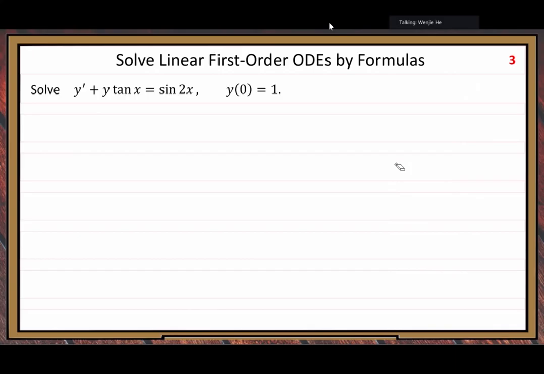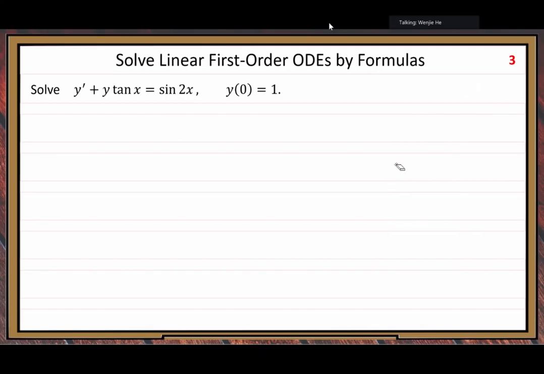Our general form of a first order linear ODE is y prime plus p of x times y equals r of x, where the two functions in those two positions, p of x and r of x, are general functions.